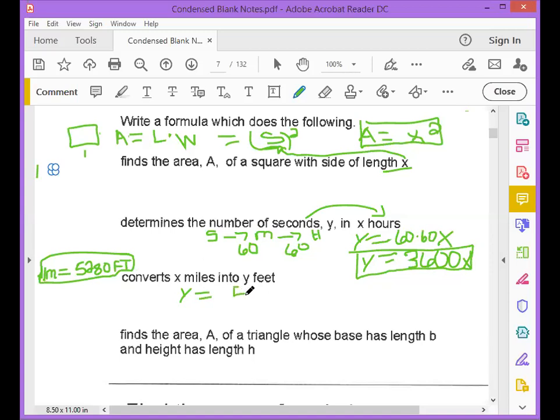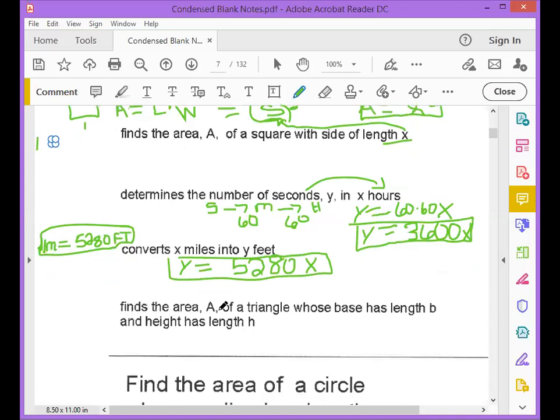So we put y equals 5,280 x. X represents the number of miles. So y equals 5,280 times x.